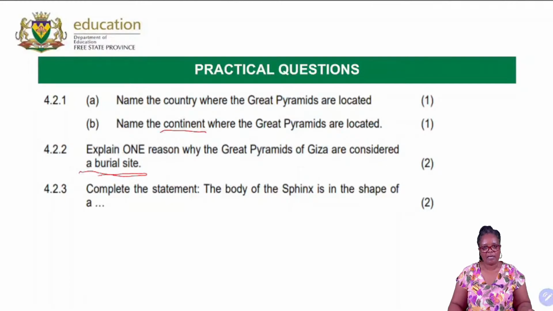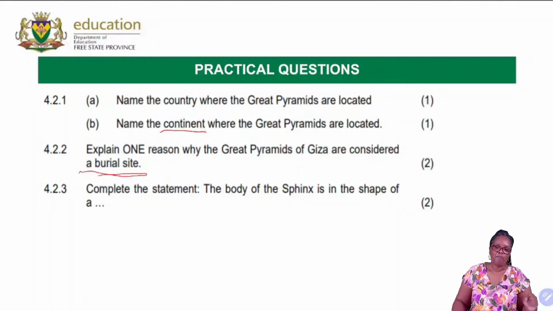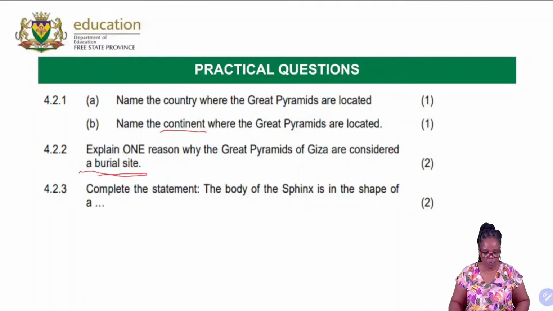And another thing, it is considered a burial site because some of the royal families and the pharaohs' mummies were put there. When you die, they take your body, take out the blood, make it dry, and they put it there. So that's why it was considered to be a burial site.